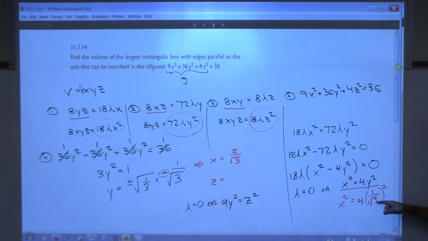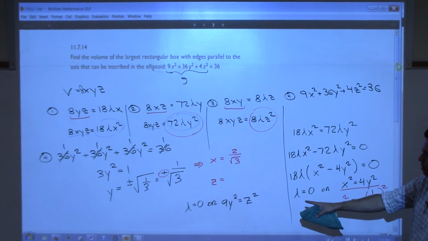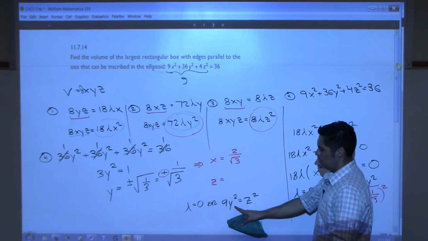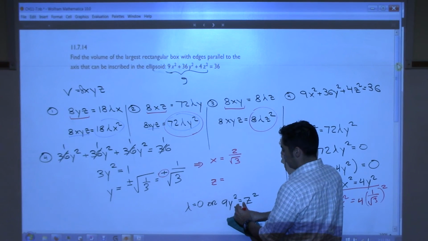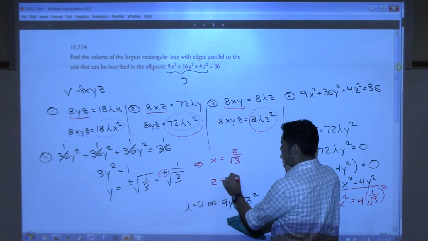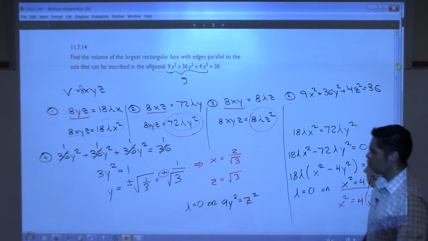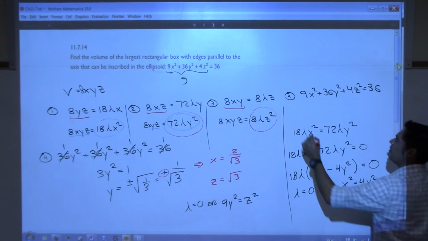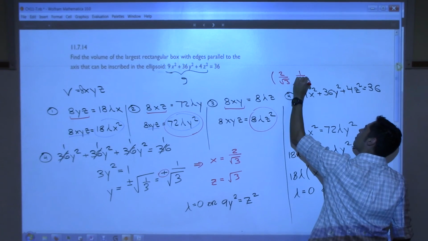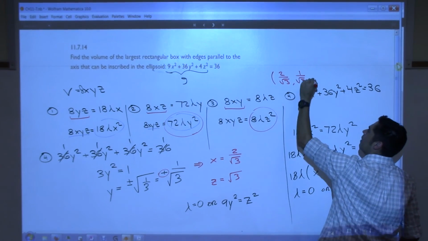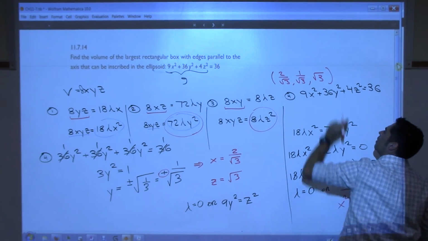So that becomes 4/3, but then square root again, and it goes back. z is 3 times root 3 over... So it looks like 2 over root 3, 1 over root 3, and the z coordinate root 3.